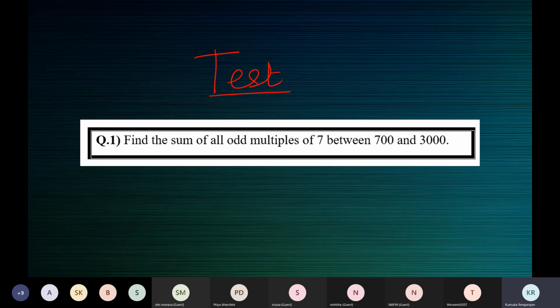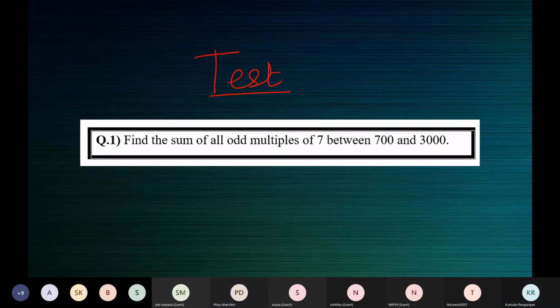So like that, leave the even multiple, take the odd multiple. So what do you think will be the common difference? Will the common difference be 7? No, ma'am. 14, ma'am. Yes, the common difference will be 14. Yes, Priyadarshini, please do it that way.